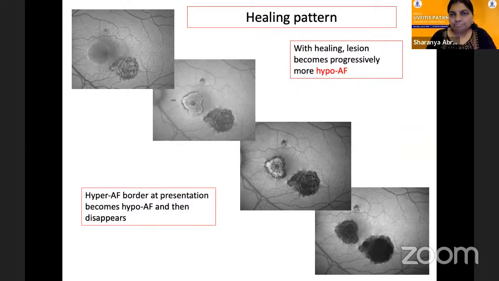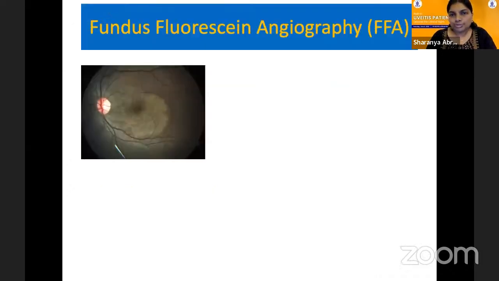So in a fundus fluorescein angiogram or even in an autofluorescence, you find that the lesion becomes more and more hypoautofluorescent, including the hyperautofluorescent border. Now, why this happens progressively is because there is a loss of fluorophores, and therefore there is a marked hypoautofluorescence.